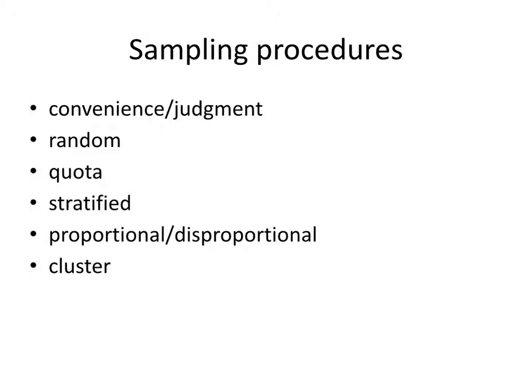The difference between quota sampling and stratified sampling is that quota sampling starts off with whatever procedure is done and counts the number of people in that group and then stops accepting them once the quota is filled. And stratified sampling identifies them ahead of time and then randomly samples from those groups until the number is filled.